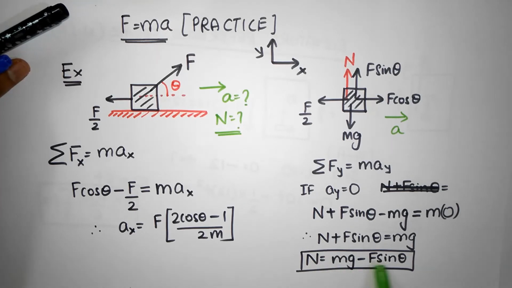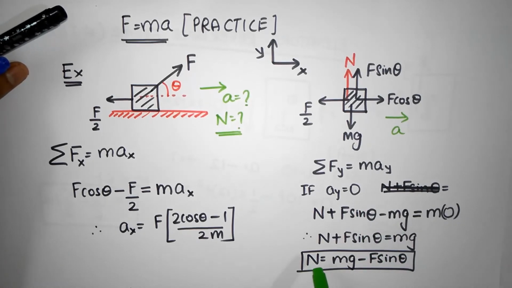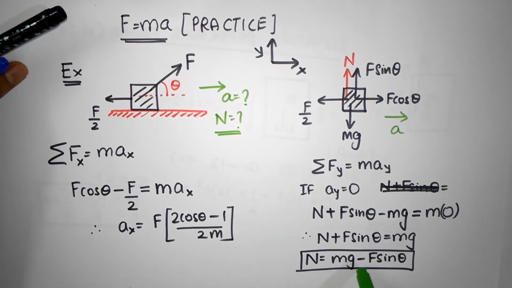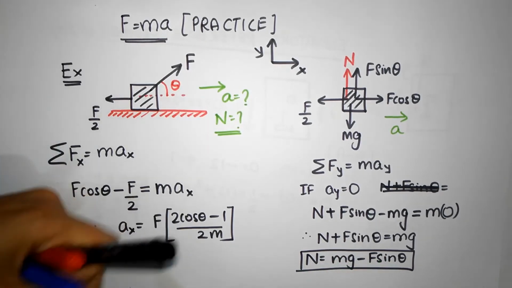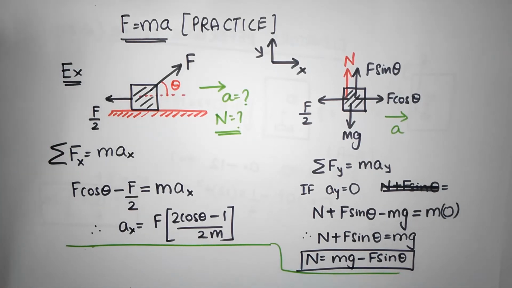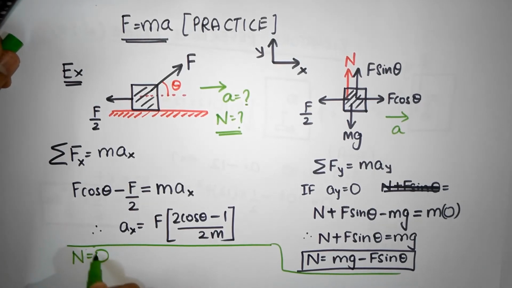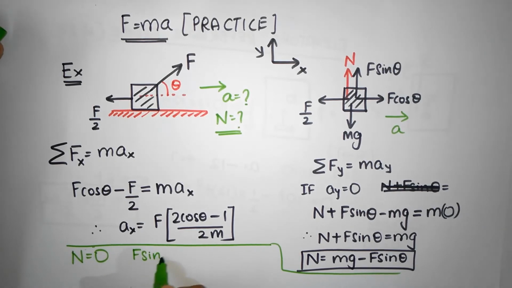Your normal force keeps decreasing. At one point, the normal force becomes 0, and that is easy to understand. So n becomes equal to 0 when F sine theta is equal to mg.